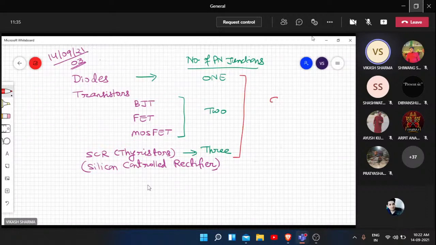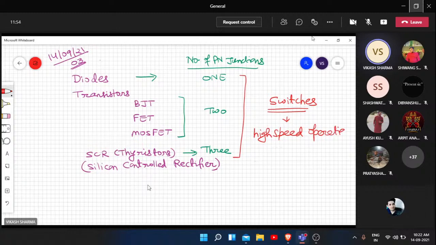They are switches. And we can say that they are having high speed operation as compared to manual switches.